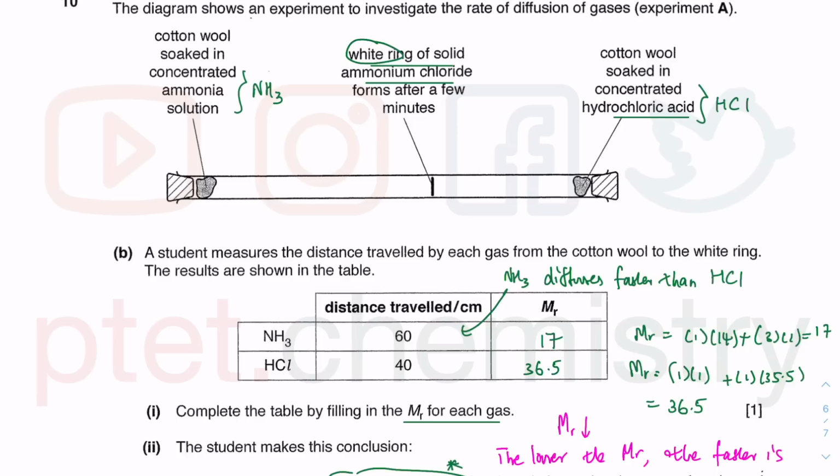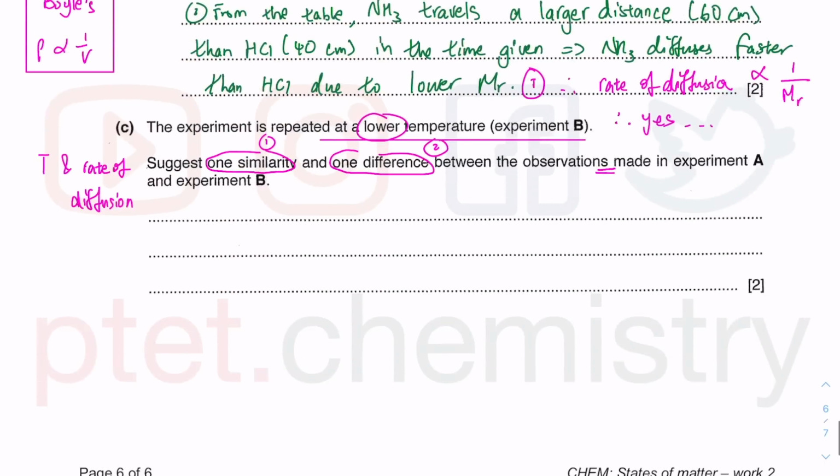But then at a higher temperature, this would diffuse faster, and this would diffuse faster. Both of them diffuse faster. So you will still see the ring at the same position, because both of them diffuse faster at higher temperature. However, the time taken for this ring to be seen will be shorter, because both diffuse faster. So it takes a shorter time for you to see the ring being formed.